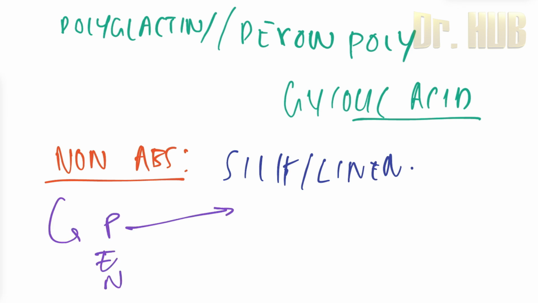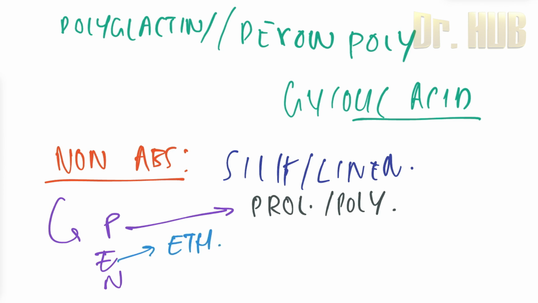P stands for Prolene and polyester. In absorbable, it was polyglycaprone. Here it is Prolene and polyester. Then E is for ethylene, and N is for nylon.